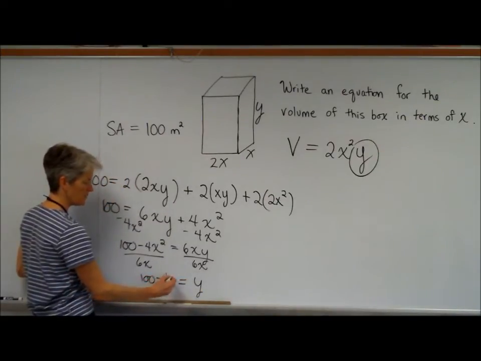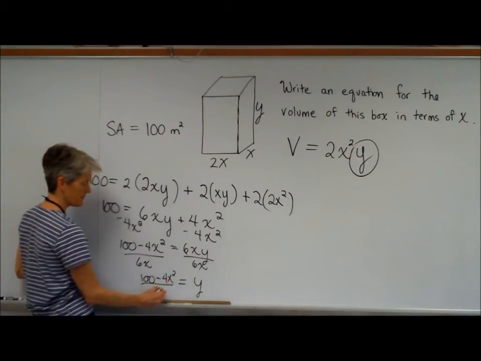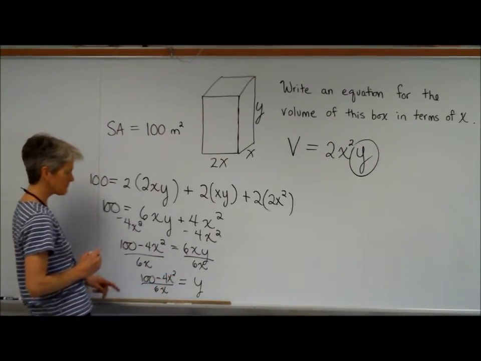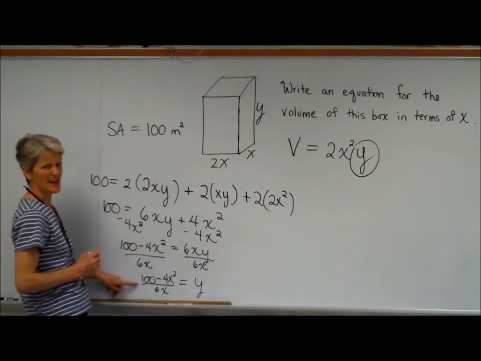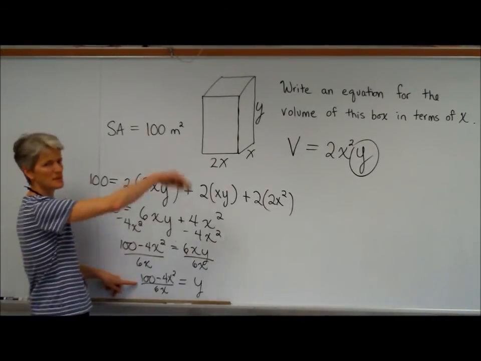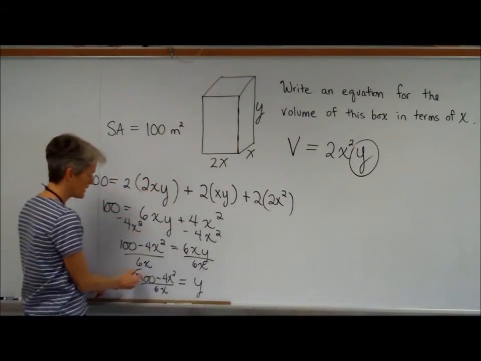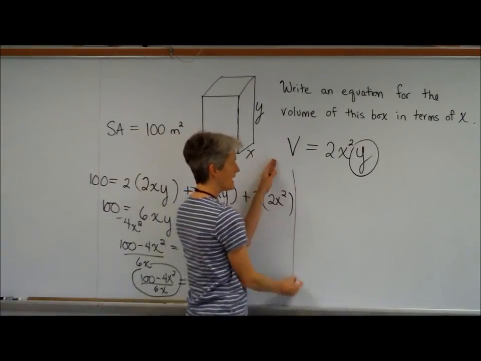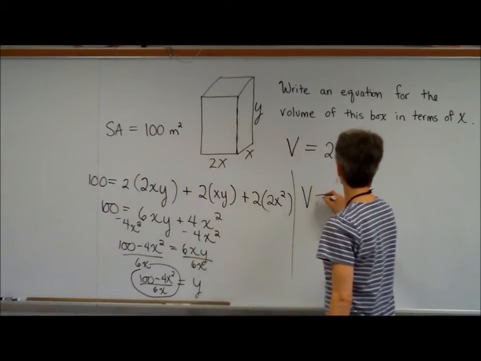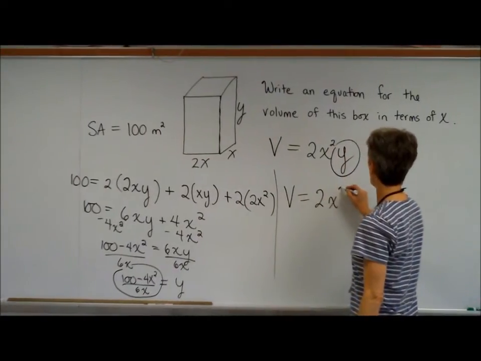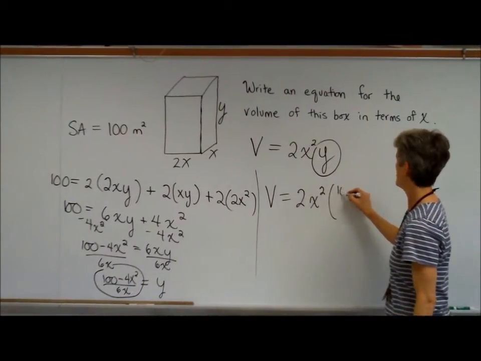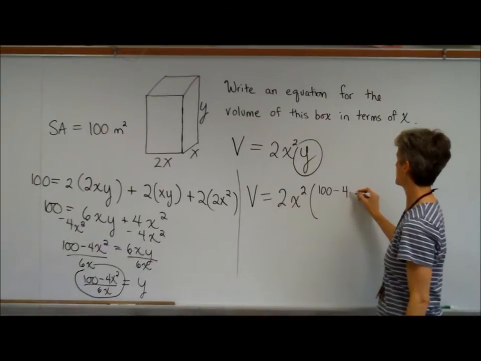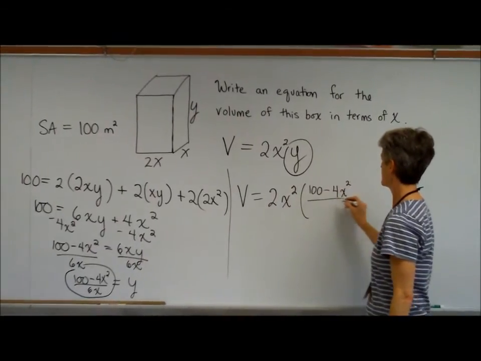Now, I think I can simplify that a little bit, but I already have an expression for y in terms of x. So I'm going to come back here to my volume problem and substitute that y with 100 minus 4x squared over 6x.